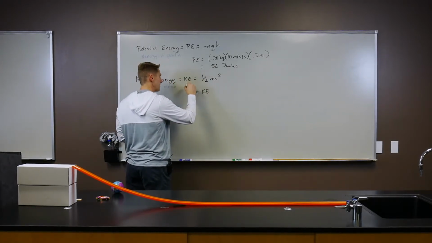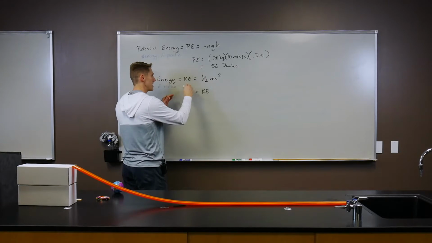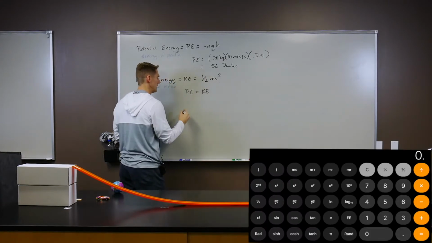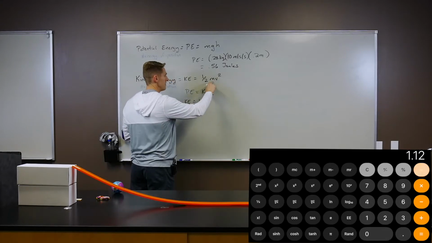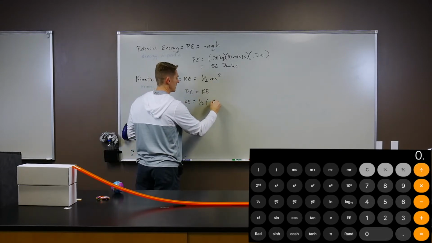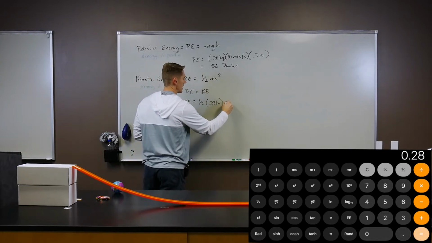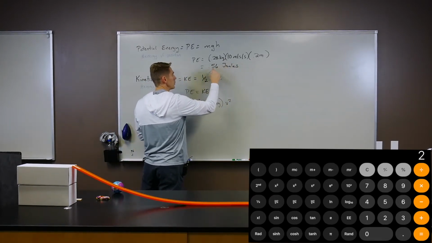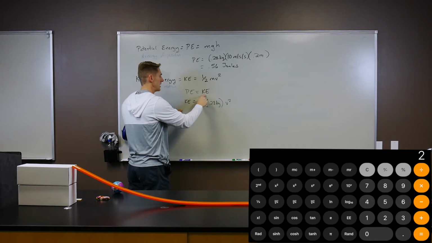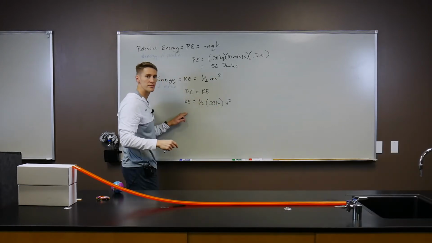So I can take this value and set it equal to this formula. Kinetic energy is 1/2 its mass, which is 0.28 kilograms, times v squared. I substitute in my potential energy, which is equivalent to kinetic energy here, and I can solve for v.